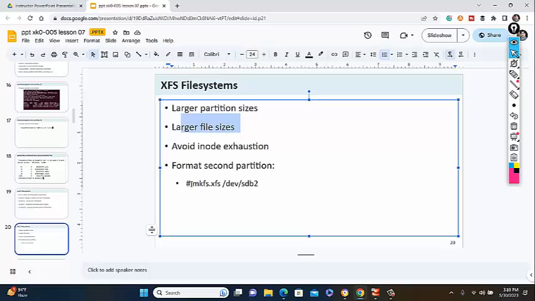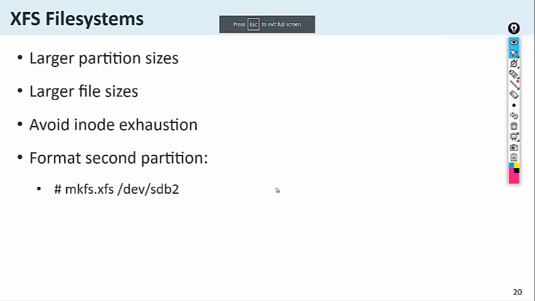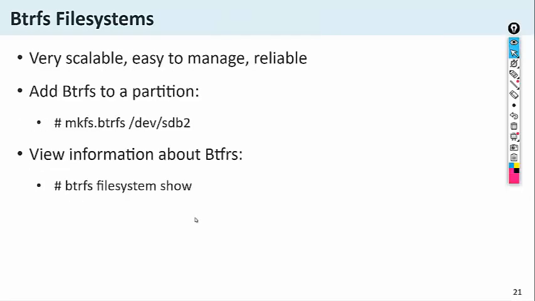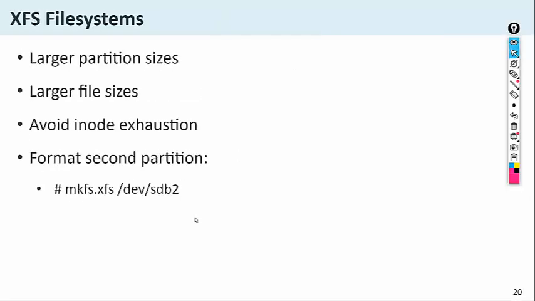If you want to format any drive, you can use the command mkfs.xfs. There are two commands which can be used to create the xfs file system. One we already discussed and used yesterday: mkfs.xfs followed by the partition, /dev/sdb. Any partition name.